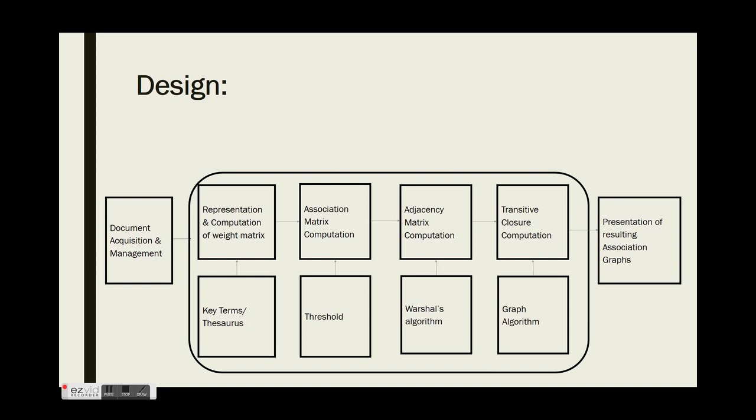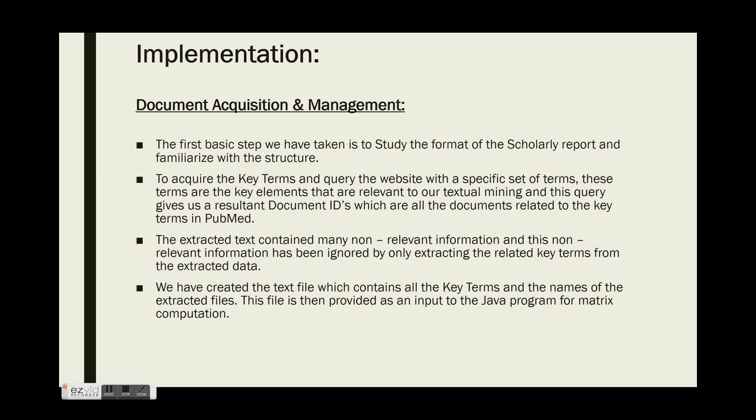Then we compute the association matrix by setting a threshold value. Then we use the Warshall algorithm to find the adjacent matrix, and finally we use the graph algorithm to find the transitive relationship between the key terms, and we present the result using association graphs.